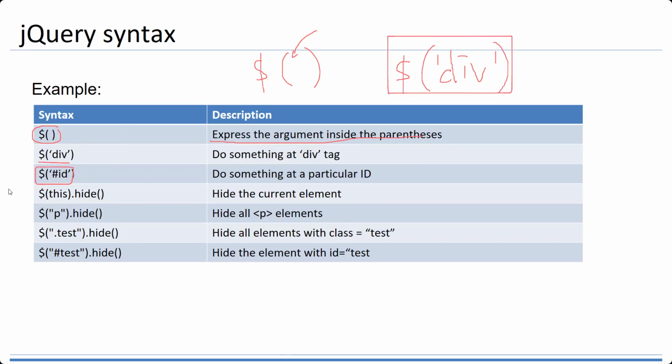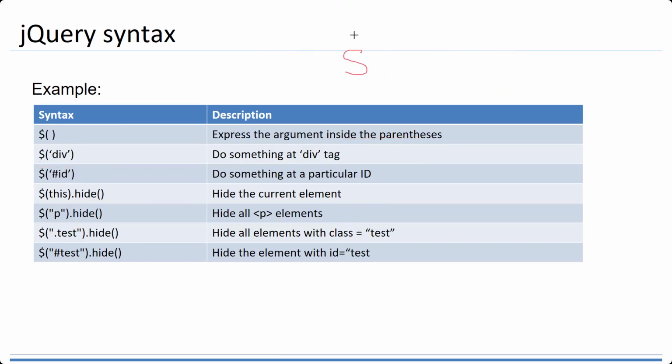So if you have the ID name, then I access it using jQuery like this. Then dot hide means I want to hide the current element. For example, I want to hide the name. So I will select the ID name and then do hide. Then I will hide this name from the HTML.